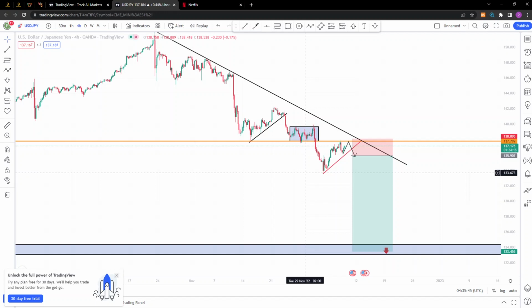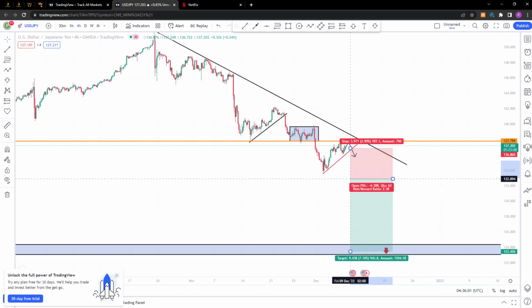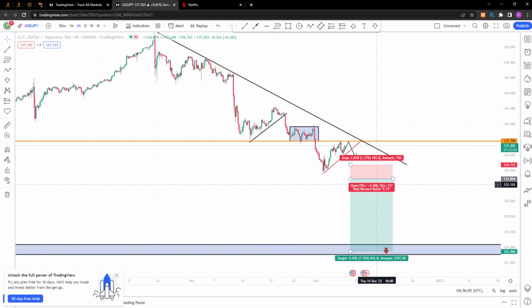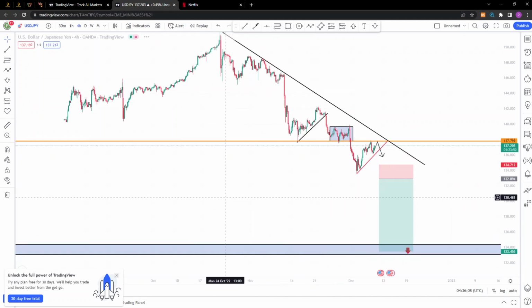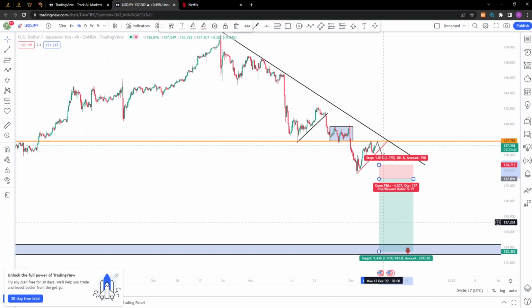Do you understand what break even means? It means you shift your stop loss from where it is to maybe around here, because your overall target is down, and target this overall down level. But I don't encourage this, because price might pull back up a little, stop here, then head downwards.